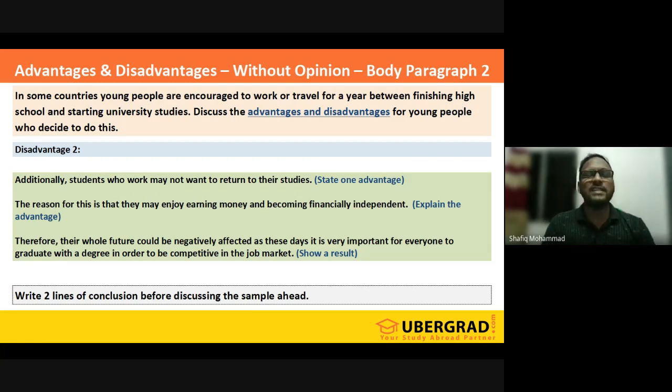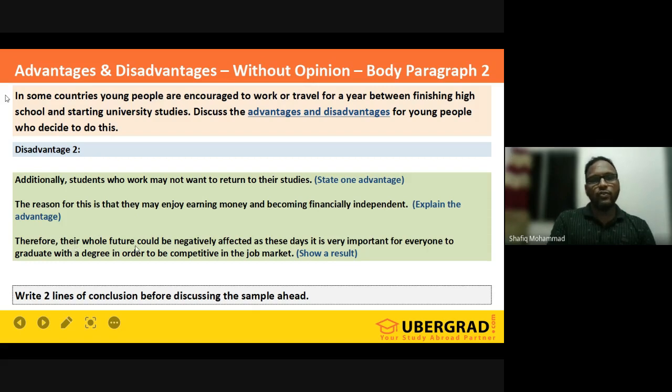But this is not the case nowadays. Obviously we need to study a lot to get into some marriage, there is a lot of competition, right? But yes, you can use these kinds of sentences.